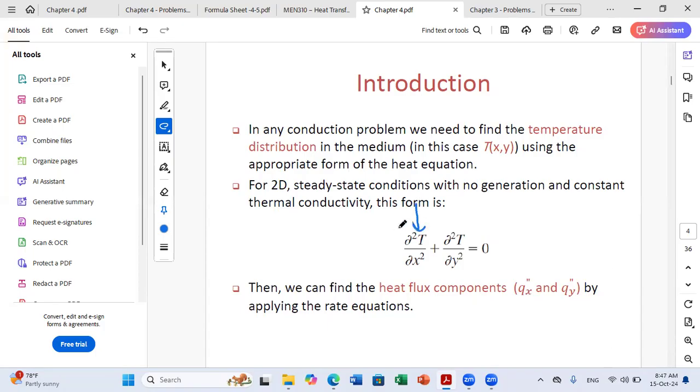So the differential equation to solve for such a problem will be more complex. There are of course analytical techniques to solve these equations, but we'll not go back to analytical cases for 2D problems. We'll develop some numerical methods that will help us to solve such equations.